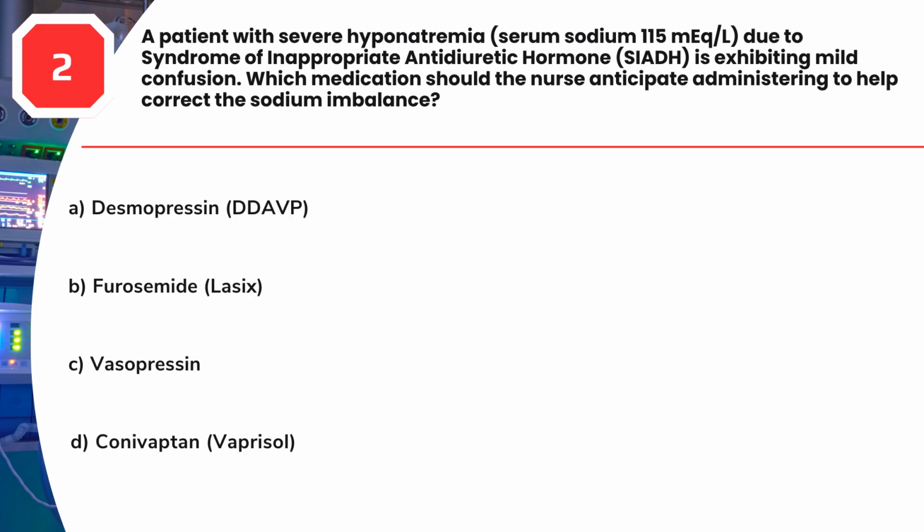Question 2. A patient with severe hyponatremia, serum sodium 115 milliequivalent/L, due to syndrome of inappropriate antidiuretic hormone, SIADH, is exhibiting mild confusion. Which medication should the nurse anticipate administering to help correct the sodium imbalance? A. Desmopressin, DDAVP.